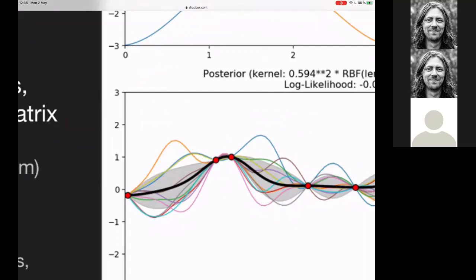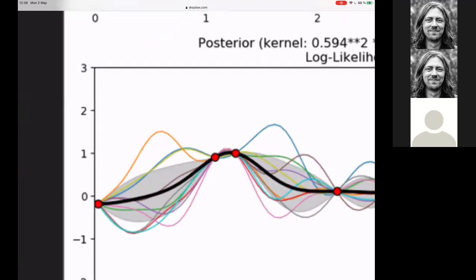One of the nice things is that this framework gives you local regression uncertainties, in the sense that at any test point you get a mean prediction, the black value, and a standard deviation, which is the uncertainty band. As you move close to points that we know, the red points, the uncertainty shrinks.